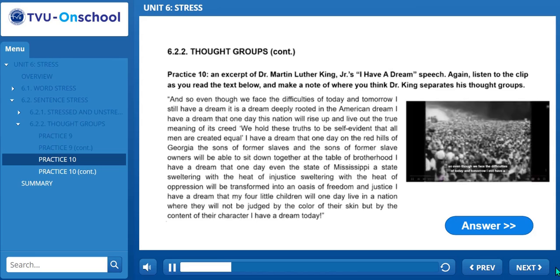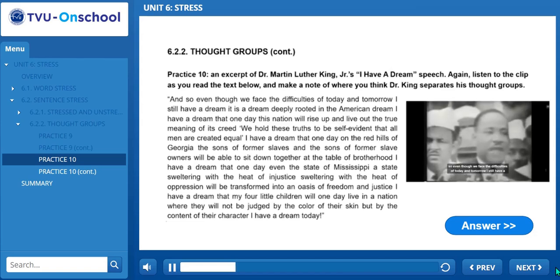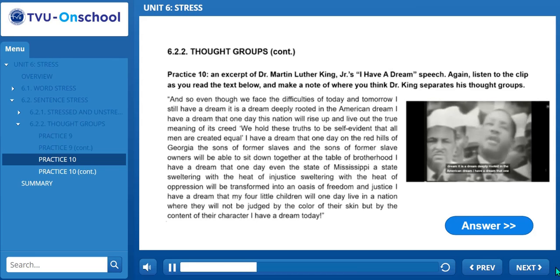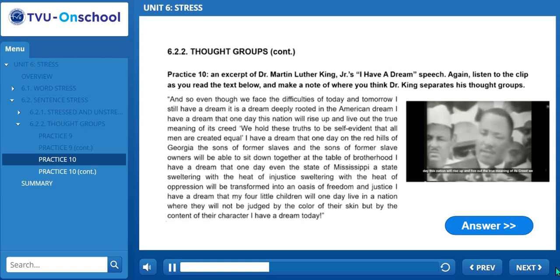So even though we face the difficulties of today and tomorrow, I still have a dream. It is a dream deeply rooted in the American dream. I have a dream that one day this nation will rise up and live out the true meaning of its creed.